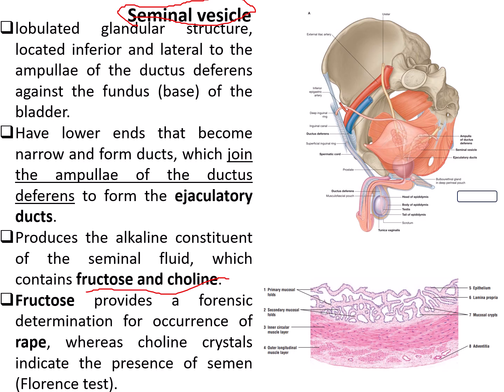The seminal vesicle has a duct, and this duct unites with the duct of the vas, or ductus deferens, to form the ejaculatory duct. Here is the histology of the seminal vesicle. The secretion of the seminal vesicle can also be important for detection or diagnosis of rape, so it has forensic importance.